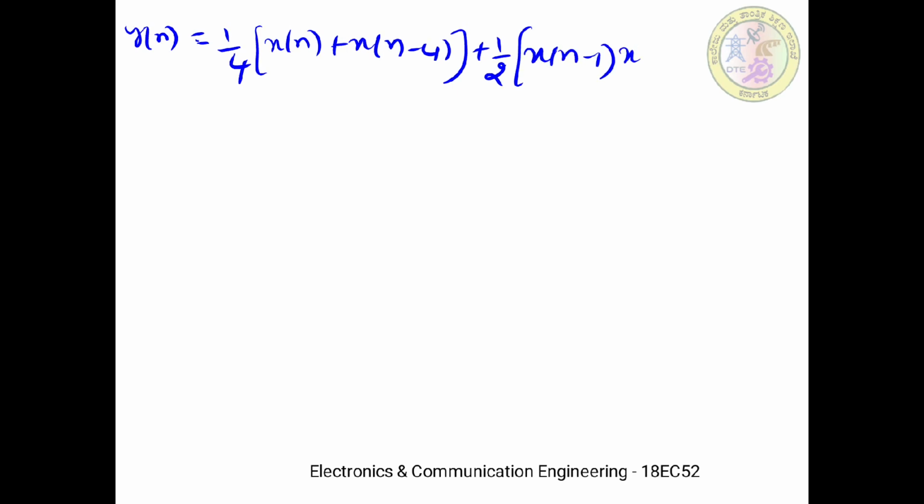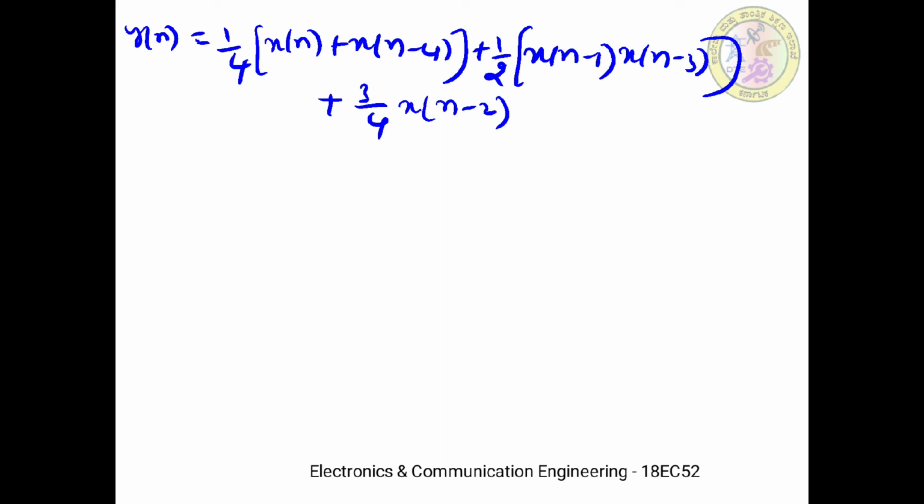It is 1 by 4 into x of n plus x of n minus 4, plus 1 by 2 into x of n minus 1 plus x of n minus 3, plus 3 by 4 into x of n minus 2. So this is the final equation for which we are drawing the direct form, that is, the linear phase realization.